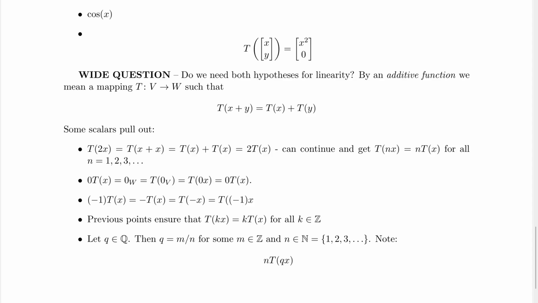Right, well, I can pull that n in, because n is positive, so that can go in, no problem. And what happens, what's n times q? Well, it's m. And what do we know about m? m is an integer, and I know I can pull out integers. Hey, there you go. Divide the n over, and we're done.